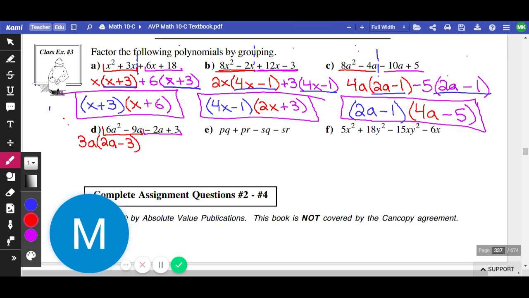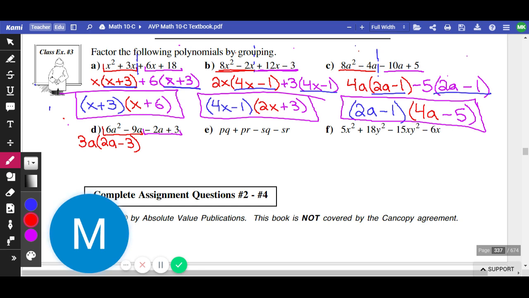So I can't GCF anything. There is a number that divides into 2 and divides into 3: 1. The number 1 can divide into anything. So when I can't GCF, I'm going to divide everything by 1, and that'll be my GCF that comes out.